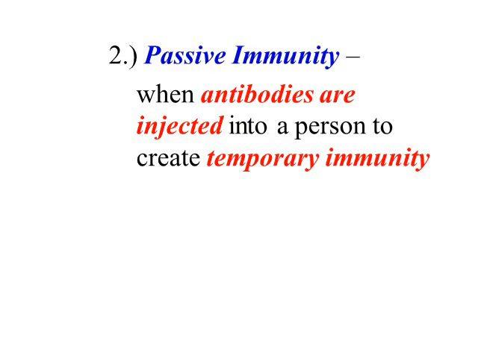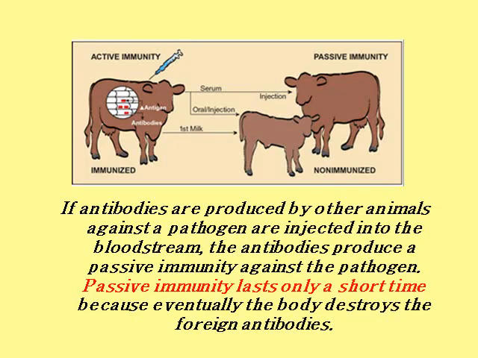When you get your tetanus shot about every 5 years, you are getting the antibodies to keep yourself protected from lockjaw, but your body doesn't know how to make them. Over time, those antibodies are degraded, and your doctor needs to give you, again, a form of passive immunity, a booster shot, which just adds those antibodies back into your body to keep you protected for another number of years.